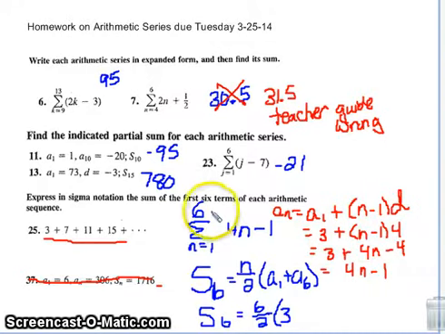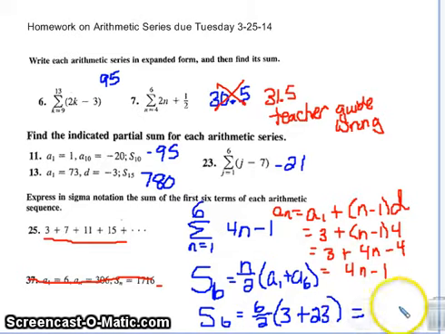And then if I plug a 6 in here, what's 6 times 4? 24. And 24 minus 1 would give me 23. So then you just do 3 plus 23 is 26. And then 26 times 3, I don't know. Somebody tell me what's 26 times 3? Who's got a calculator? 78. So that would be the sum of my first 6 terms.